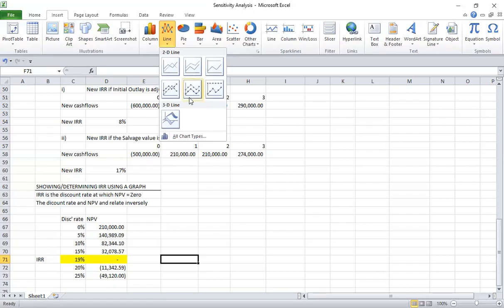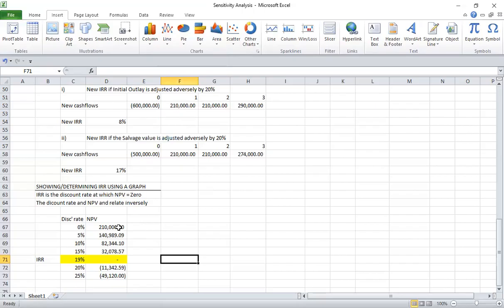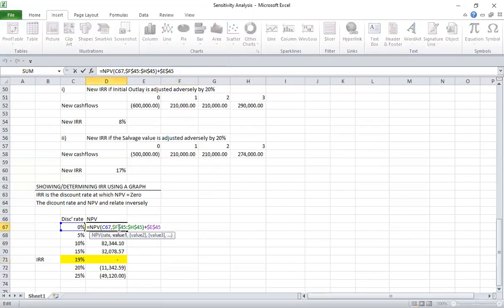Okay, I didn't lock the cell reference for the rates, but I locked the other cells for the amounts, for the net cash flow. Do you see what I've done? The first cell, C67, I haven't locked. Why? Because that is the discount rate. It will keep changing from 0 to 25. So don't lock that one, but lock the rest.